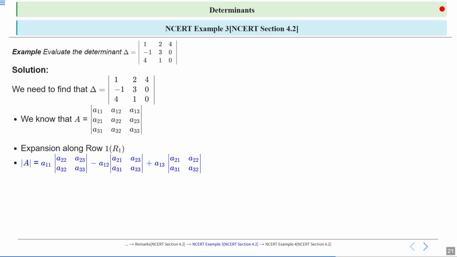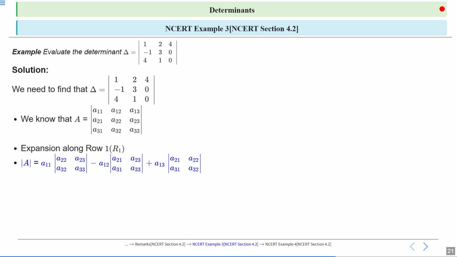Then a minus sign, where minus comes from the value (-1) to the power i plus j, and since i and j here are 1 and 2, and 1 plus 2 is odd, (-1) to the power i plus j becomes minus 1. Then element a12 and the determinant obtained by cancelling the first row and second column.